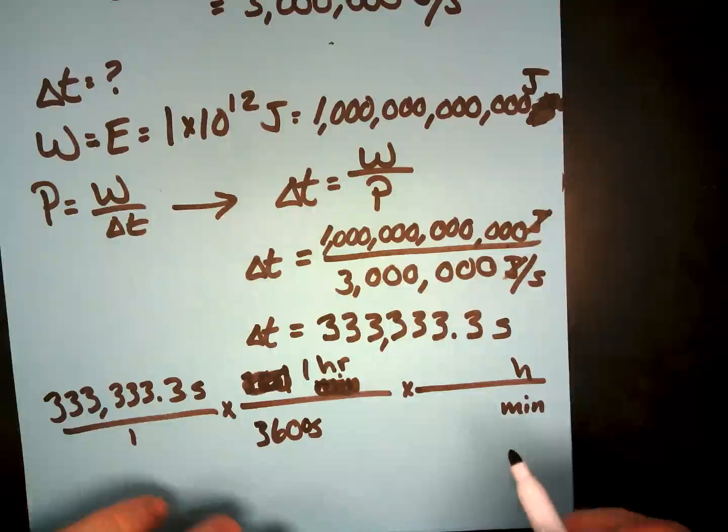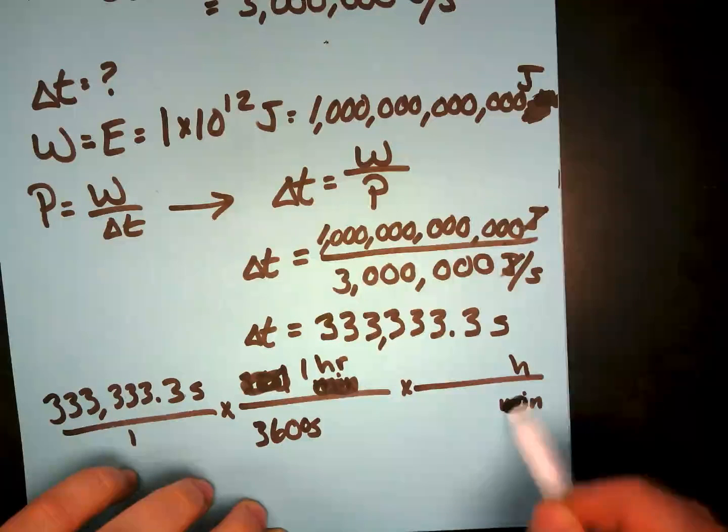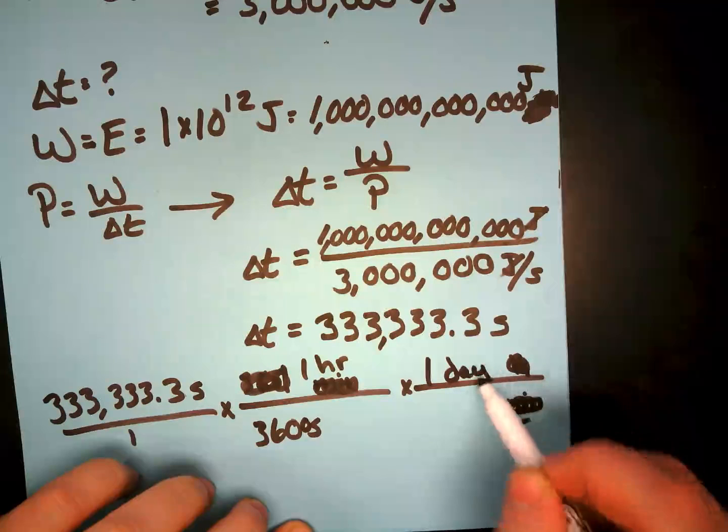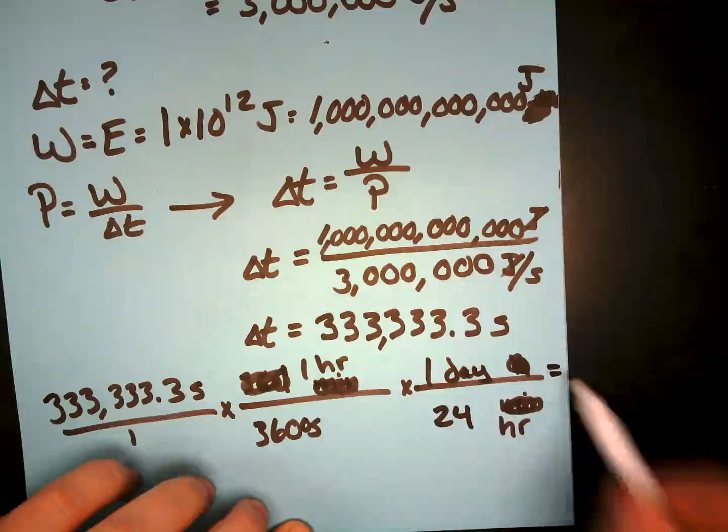Now it's just straight from hours to days. There are 24 hours in 1 day, and then we will get our number here.